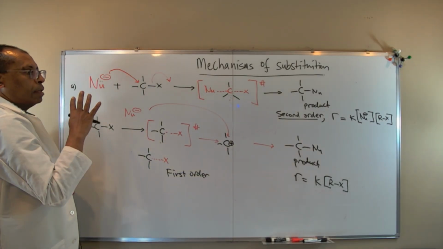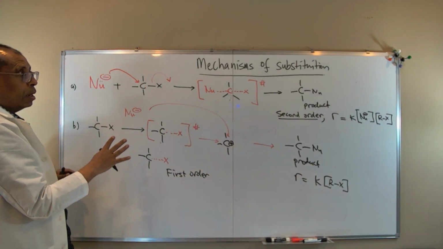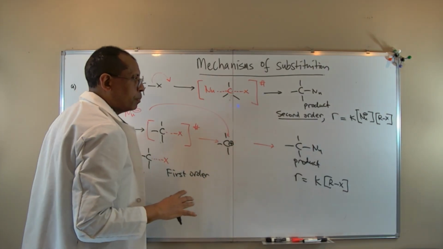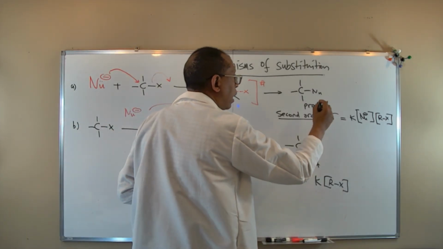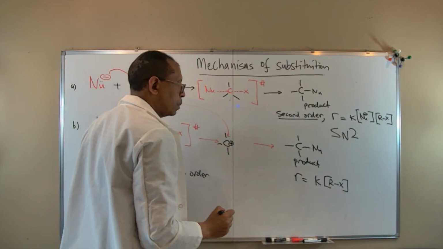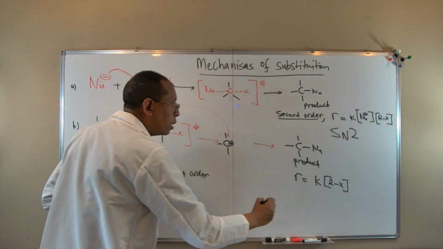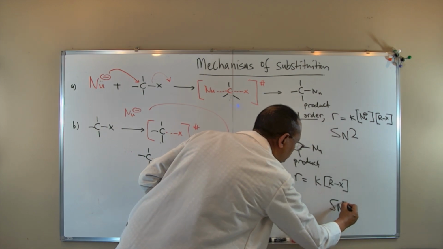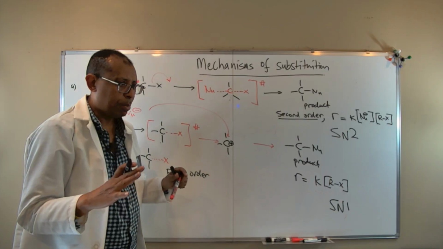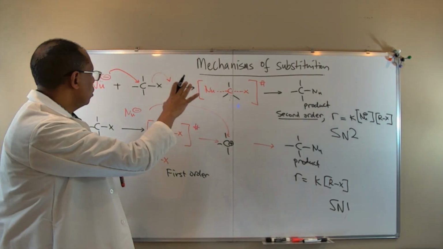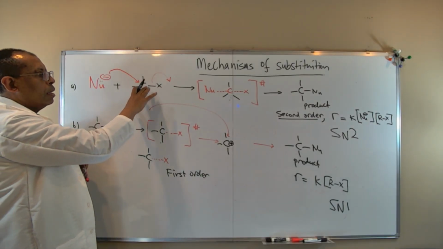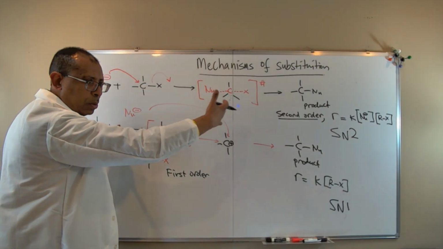So that's why we have another name now. Remember, this is an SN2 reaction, and this one is called an SN1 reaction, mechanism wise. So whenever somebody refers to SN2, you should remember the nucleophile attacks at the same time as the alkyl halide is trying to dissociate.